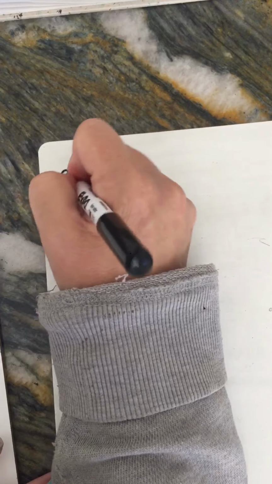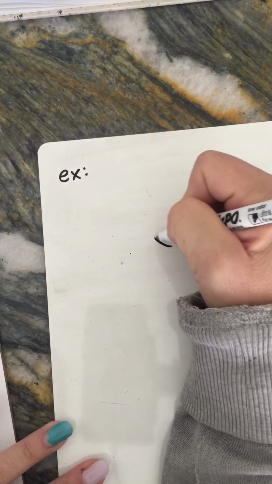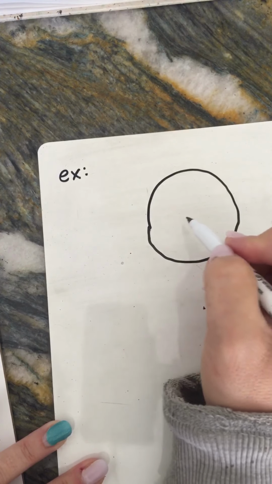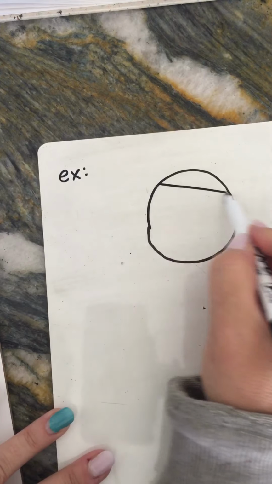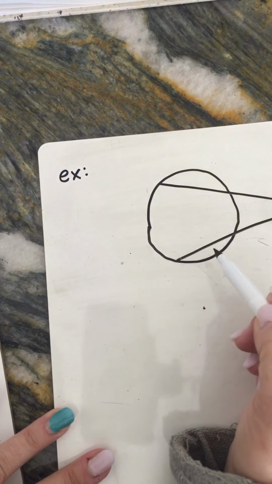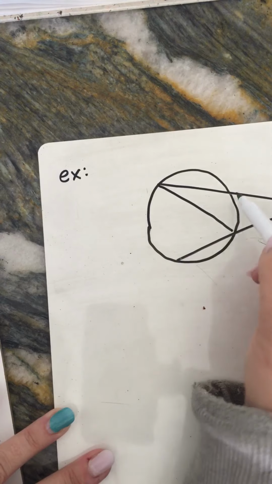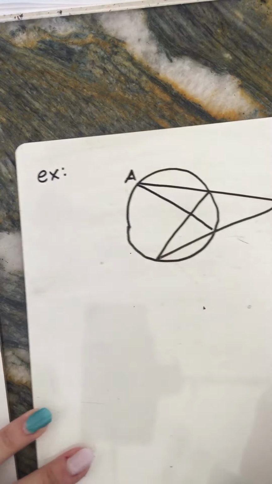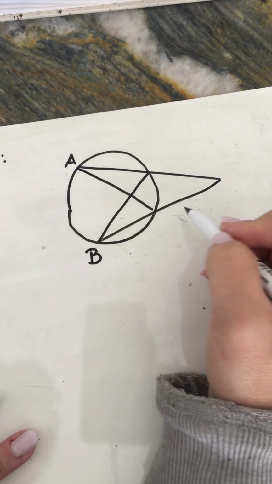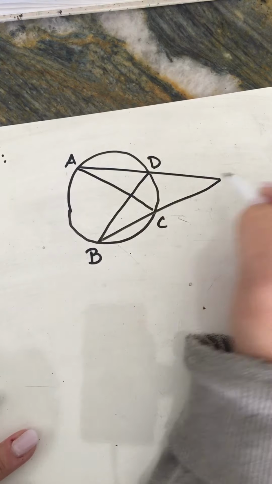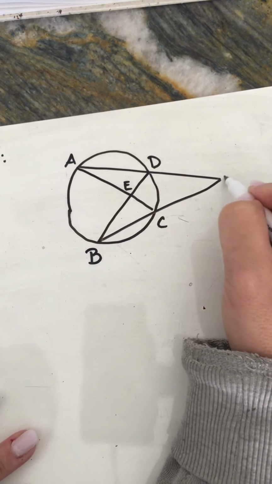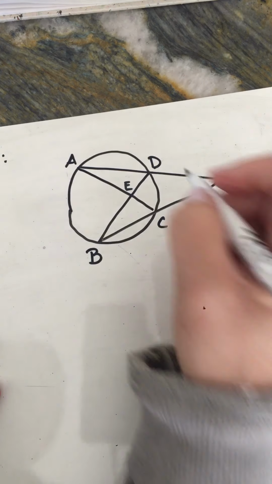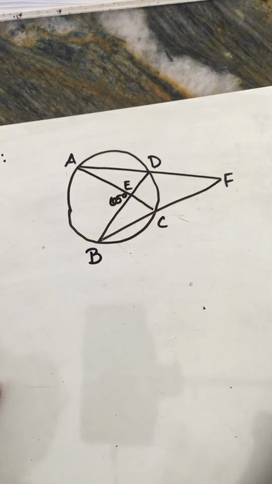Example. So let's say this is our circle. I'm going to do it nice and big so that we can see on the inside of it. And I've got a secant and a secant and a chord and a chord. This is A, B, C, D. This is E in here, and this is F. Okay, this is 65 degrees for that angle.